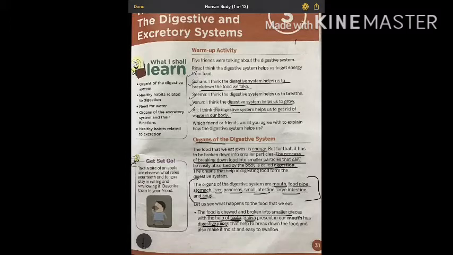Enzymes are chemical substances which help to break down the food, and it also makes our food moist and easy to swallow. Okay, it adds liquid to it and it becomes moist and we can swallow it easily.